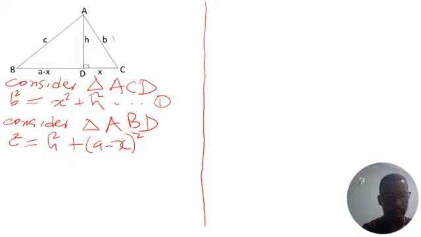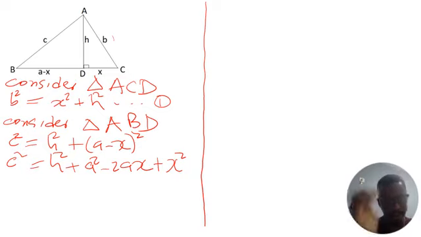Okay, so let's simplify this. Here we have also used the Pythagoras theorem. If we simplify by expanding that, you will find out that you will have C squared is equal to H squared plus A squared. If you expand that, minus 2AX plus X squared. Okay, and if you look at this one, here we are saying B squared is equal to X squared plus H squared.